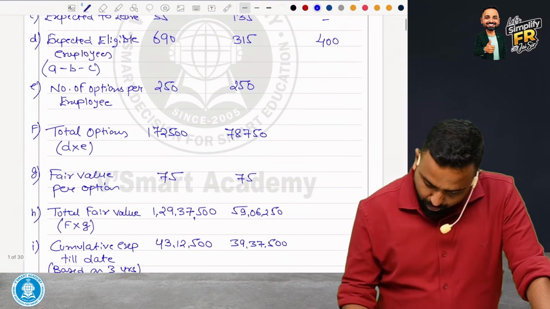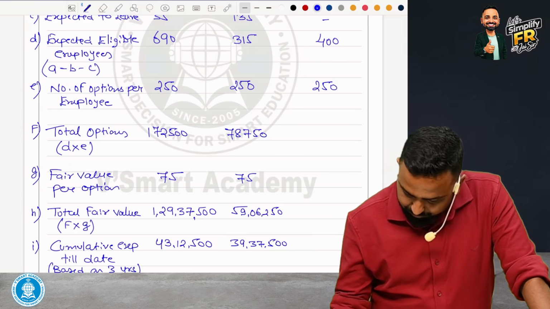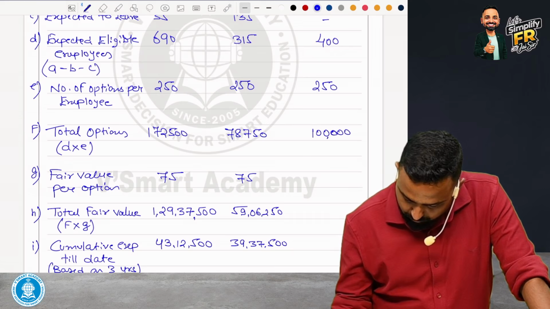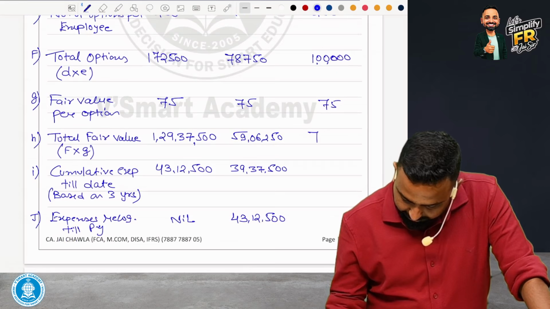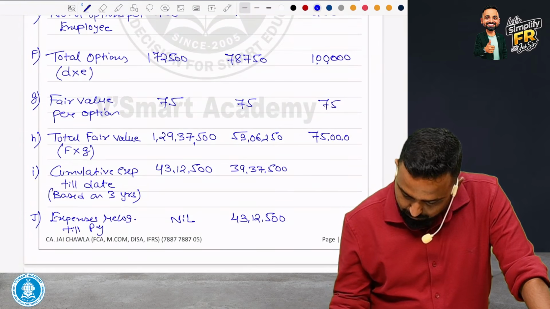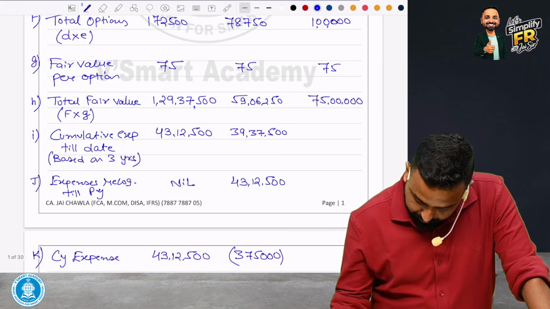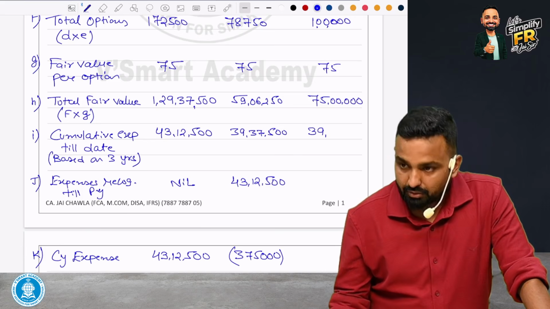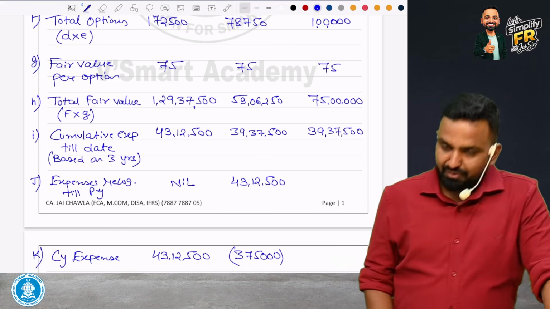Number of employees, options, total options 1 lakh. It becomes 75 lakhs. Now cumulative 39 37,500.